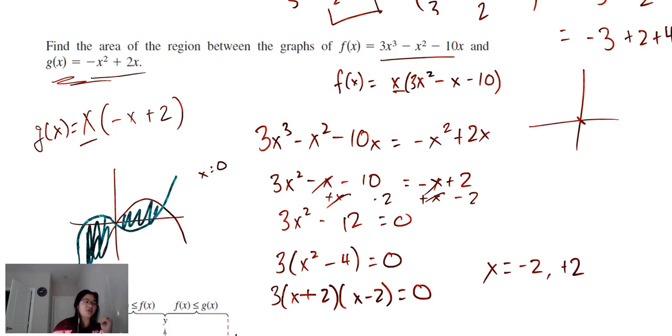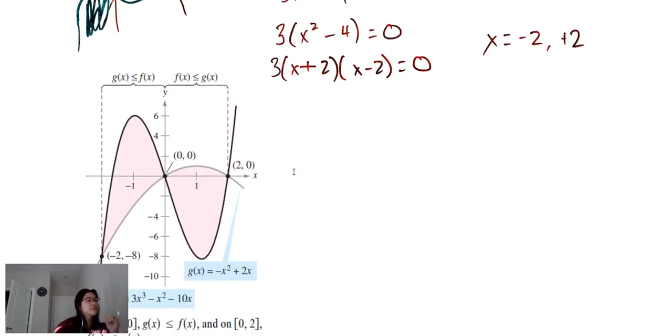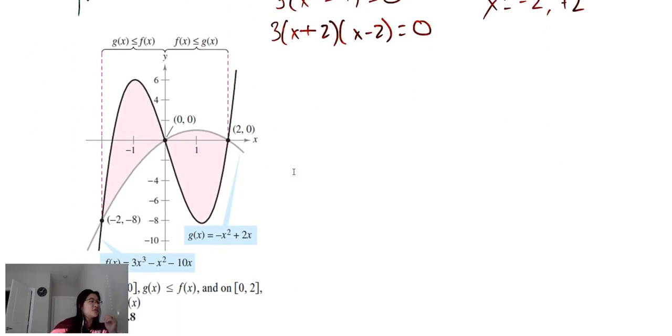Okay, so we need to set up two different definite integrals. So we need to look at the region between, let's look at the picture. So we got the region between negative 2 and 0, and what is our top function there? Well, if we don't know, then we can plug in a number, like 1, into both g and f.